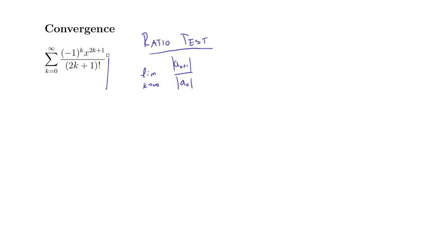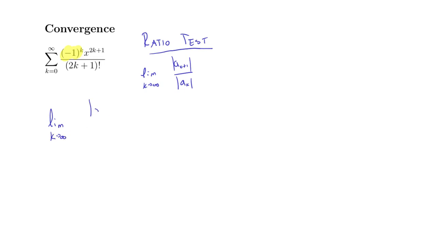Now, the alternating part, this (-1)^k, if we throw absolute values on that, it just becomes 1, because those terms are either -1 or +1, and so the absolute value is 1 in either case. But x could so far be any value. So let's throw some absolute values on that to make sure that there aren't any negative x's either. All right, so this is what our limit really looks like.